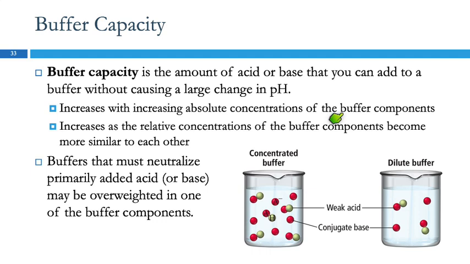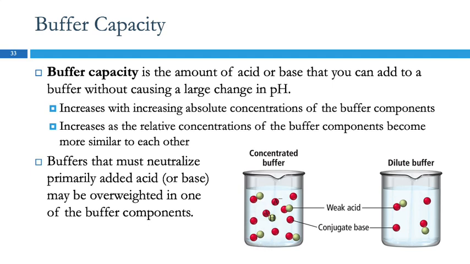So if our weak acid and conjugate base are higher in concentration, we'll be able to take care of more added stuff. So here we've got more acid and base, so if I put acid in here, this can take care of more acid than that one can, because this one only has 2 of the conjugate bases, whereas this one has, 5? 6? It's got 6 of them.